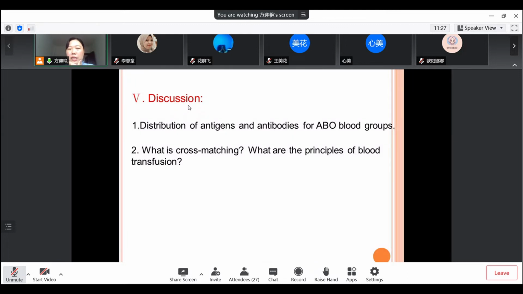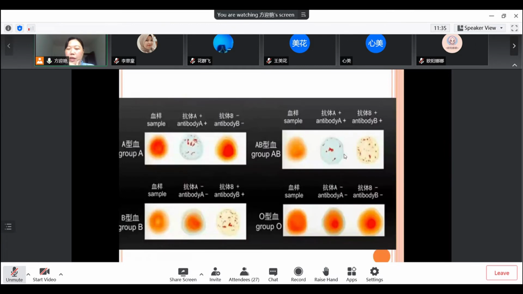According to the experiment, the discussion is according to our experiment result. The result is the phenomena. First we should describe the phenomena.